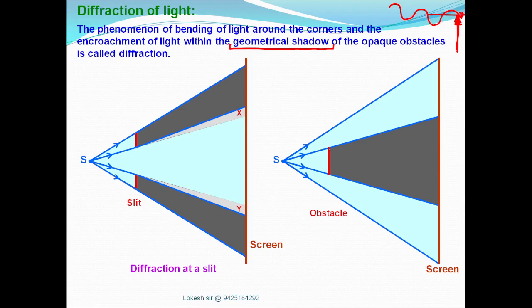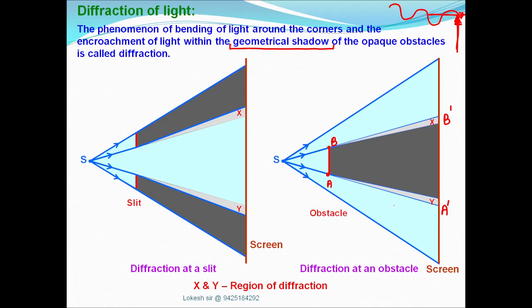Suppose you point an object, this is A and B. So you have a shadow looking like A dash and B dash. Clear or not? But what happened? The light will enter the shadow region, and there is some encroachment of light here in the shadow area. This is called diffraction by an obstacle or diffraction at an obstacle.